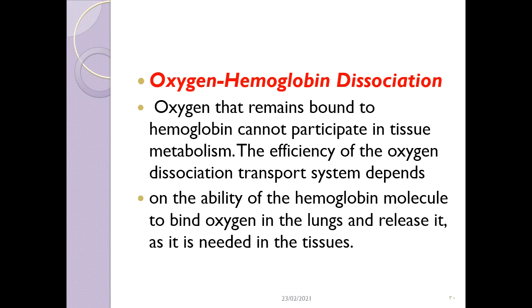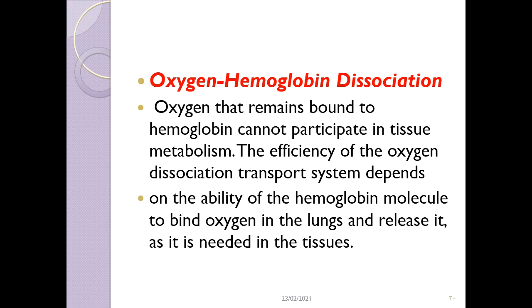Okay. This ability of hemoglobin requires that the hemoglobin molecule bind oxygen in the lungs and release it as it is needed in the tissue. Why? Because if the oxygen remains bound to the hemoglobin, the tissue will not be able to use this oxygen.